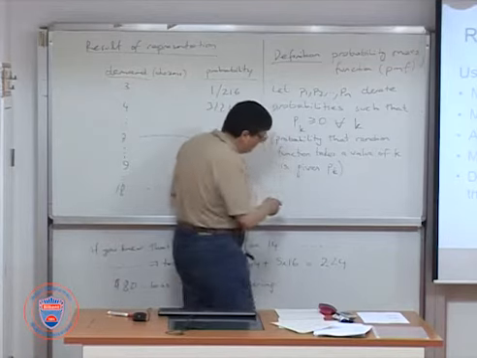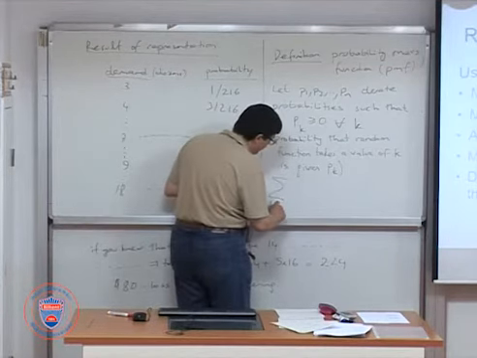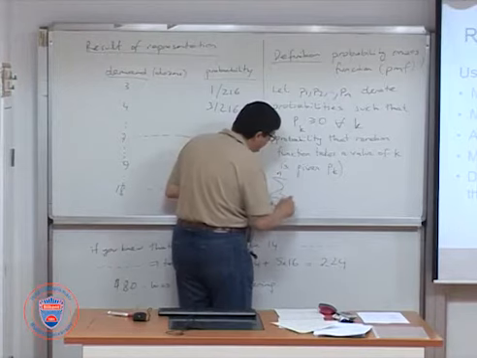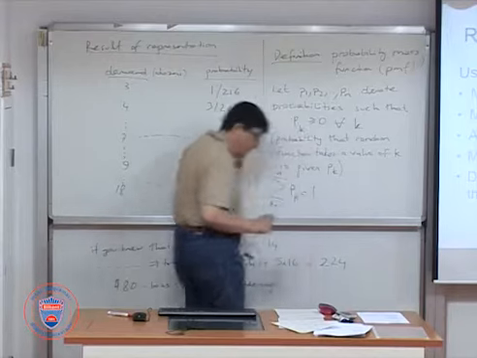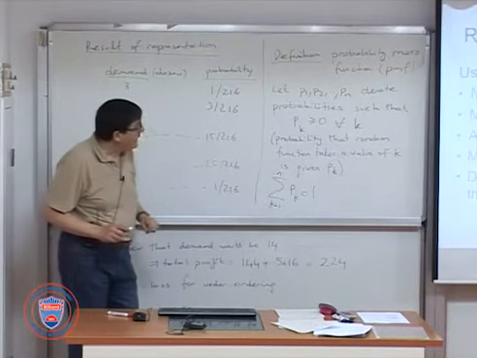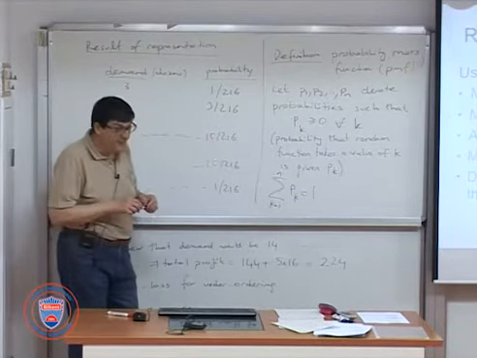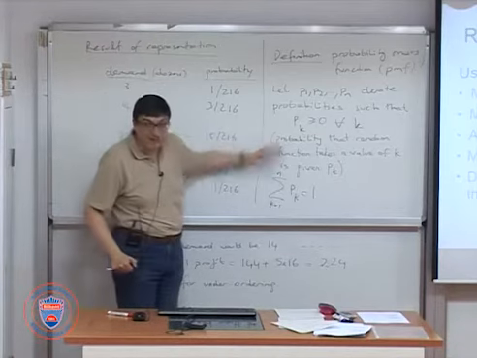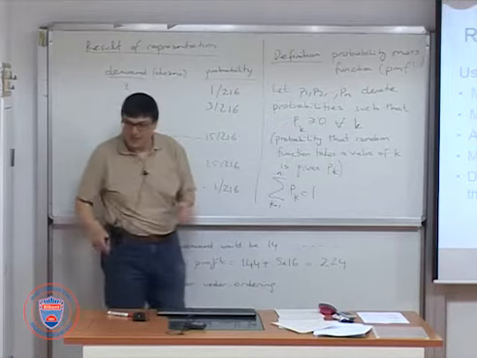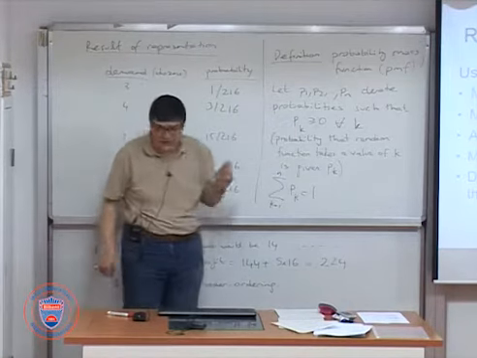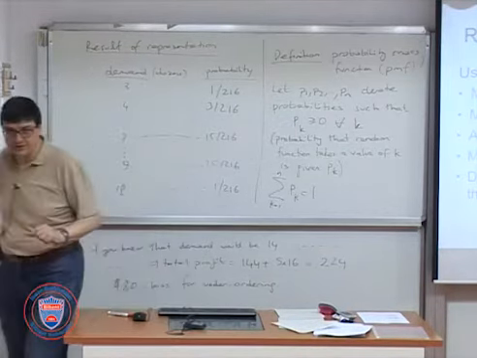And moreover, we're going to have summation k from 1 to n of p sub k equal to 1. And so if you have such p sub k's, this function that is made up of these p sub k's is called probability mass function.